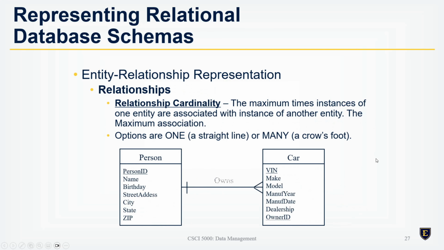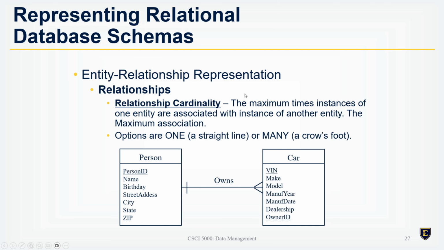So we can draw that relationship directly. We know that the car can only be owned by one person, so we put that person's owner ID in this particular field, and it represents this relationship between person and car. But a person can own a lot of different cars. So a person could be listed as the owner in this table several times.